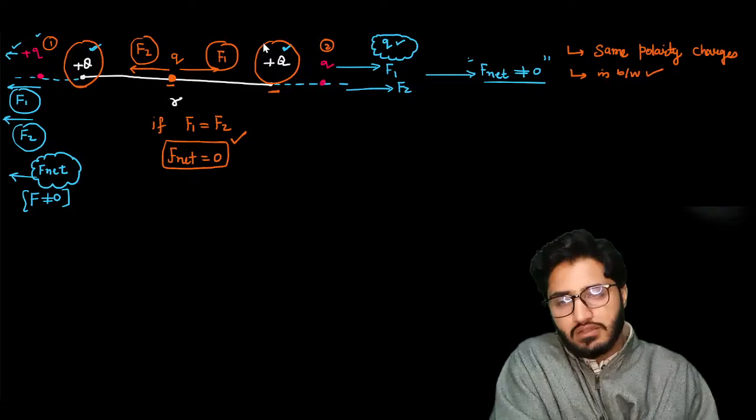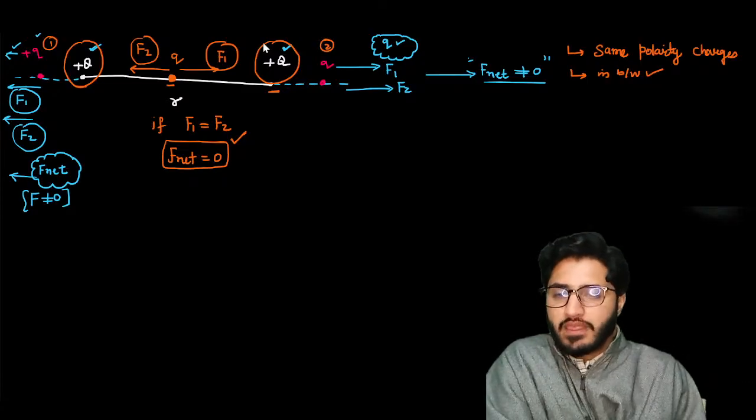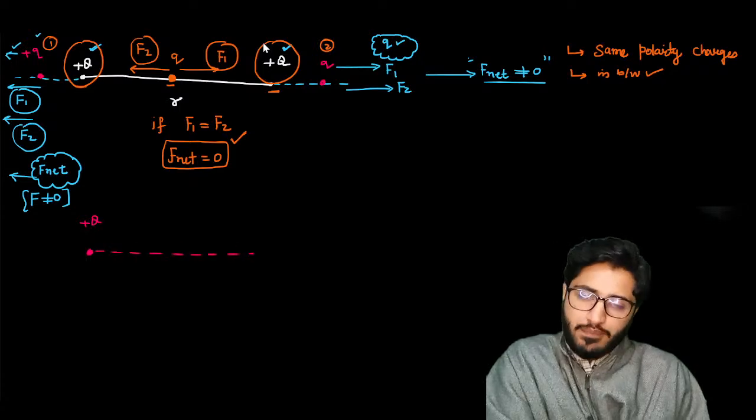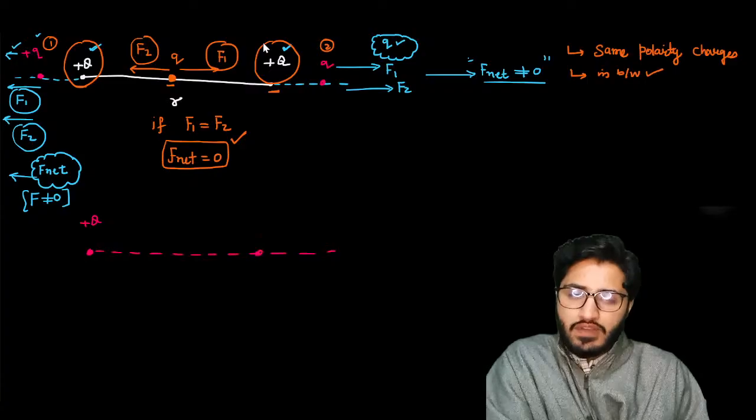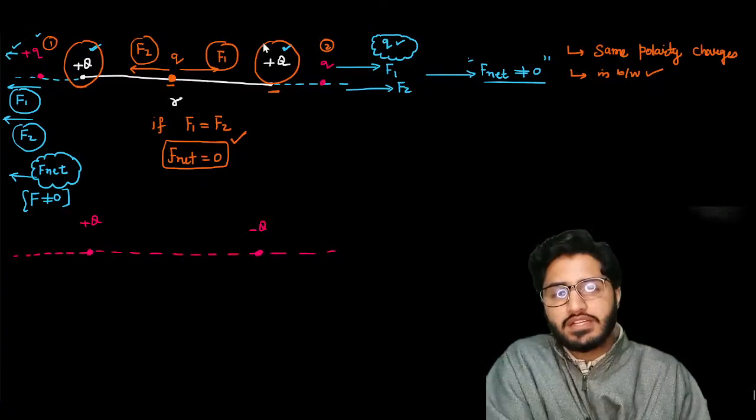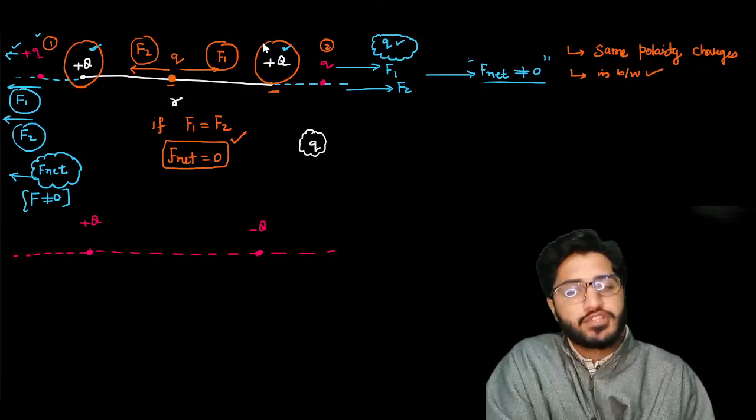Now let us take one more example. Look, this is my plus q, and here what we have is minus q. Plus q and minus q. Look now. Same, we have one more charge, test charge q. Now due to this test charge q, I need to find out the equilibrium position for it.